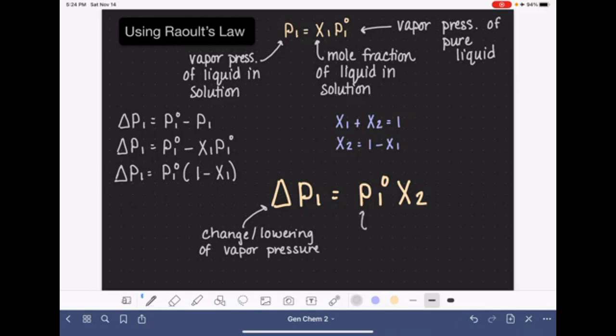P1 standard, we already have defined, is the vapor pressure of the pure liquid, which we usually know because we can look it up. And X2 is the mole fraction of our solute, which makes more sense because typically, as I said before, we express concentration in terms of our solute, not in terms of our solvent.